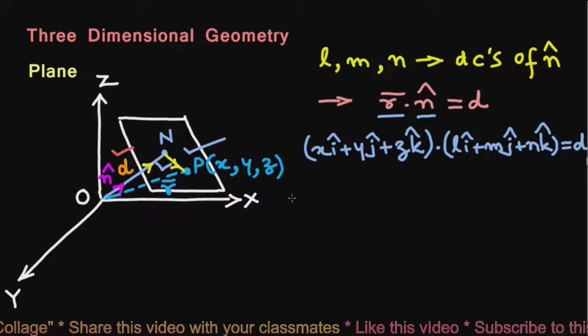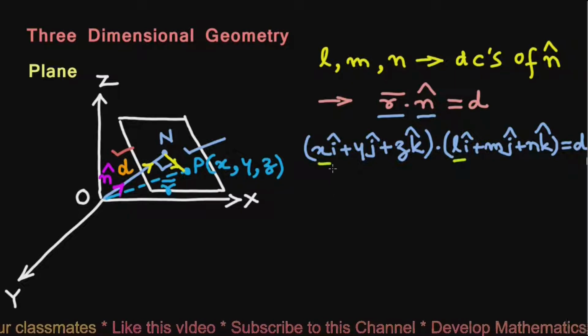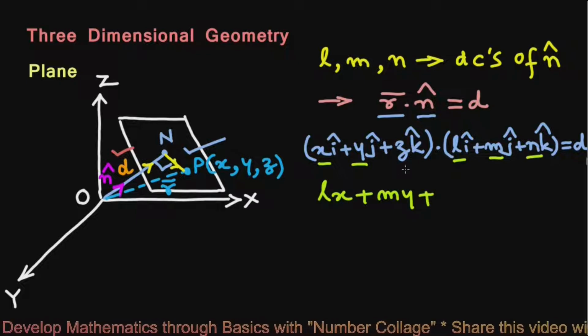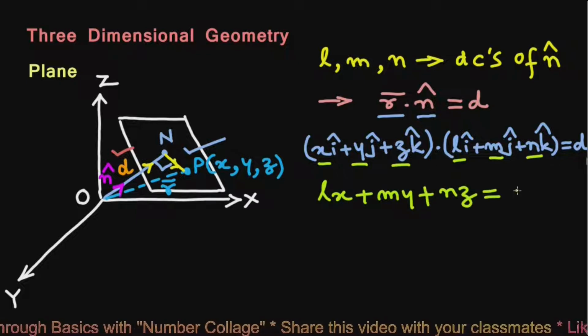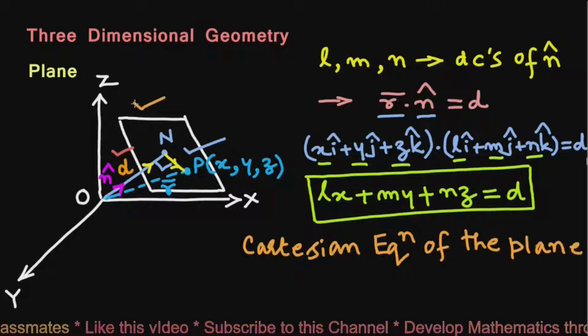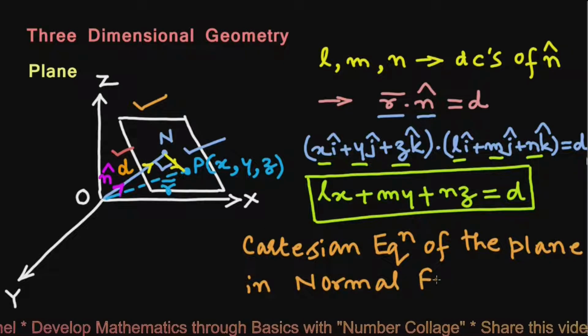Now by the rule of dot product, we get lx plus my plus nz equals d, which is known as the Cartesian equation of this plane in normal form.